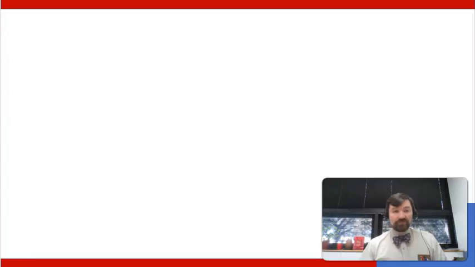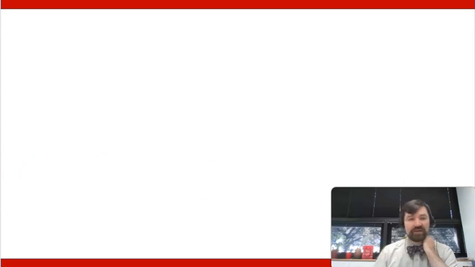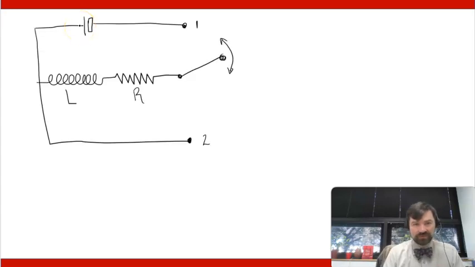So, what is the series LR circuit? Basically, what you have is a circuit that has in it an inductor and a resistor. So I'm going to draw a diagram for that. All right, so this gives us a circuit that lets us consider the possible cases involved.